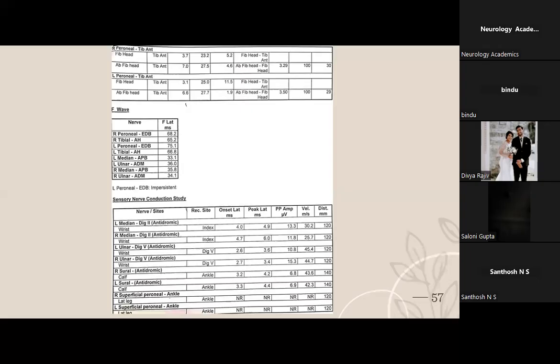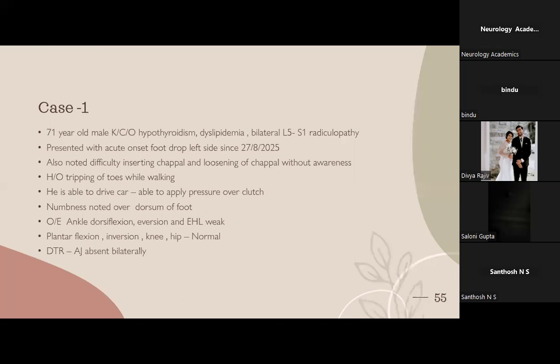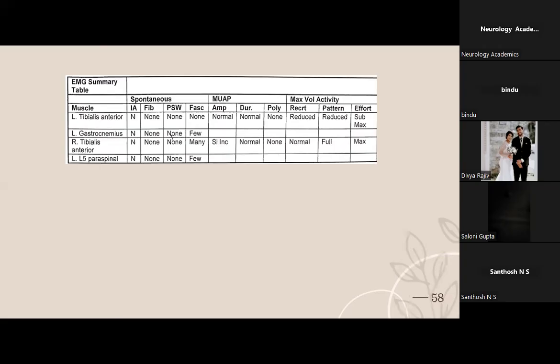That time he had similar conduction parameters.